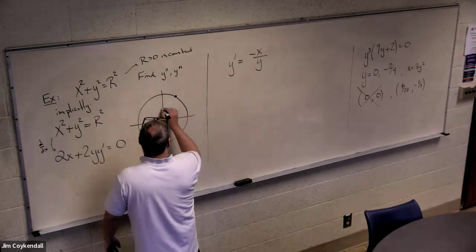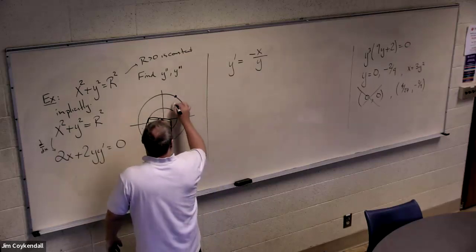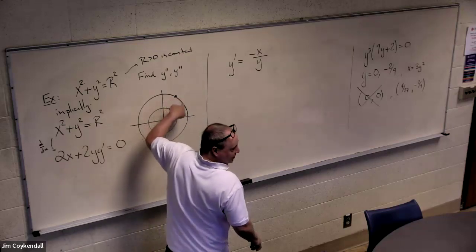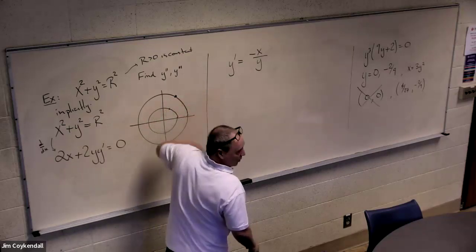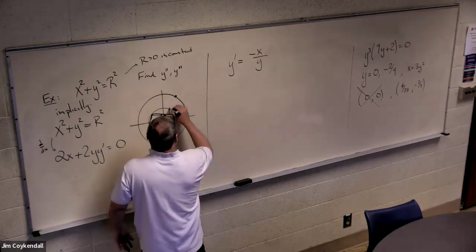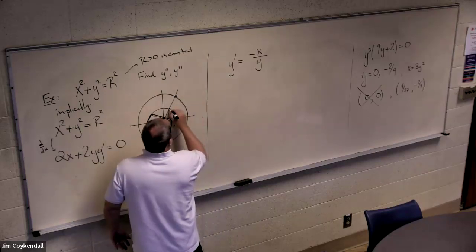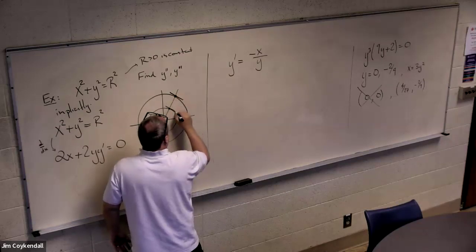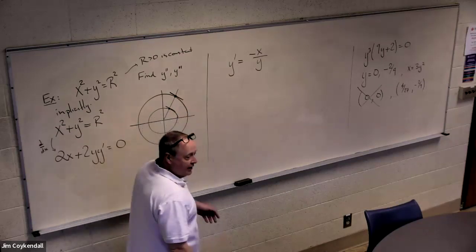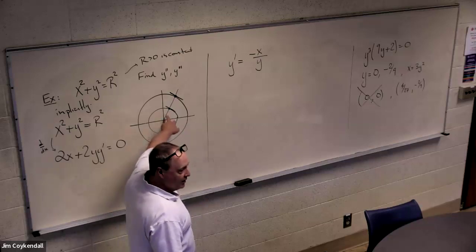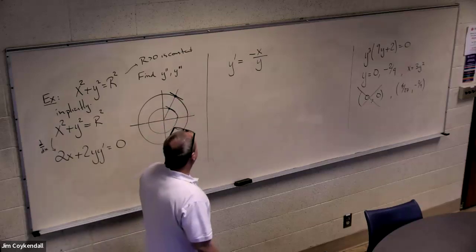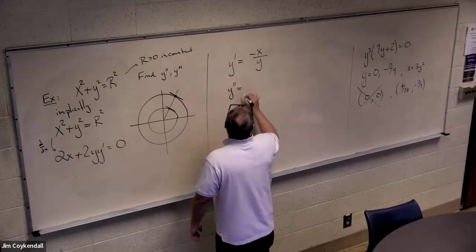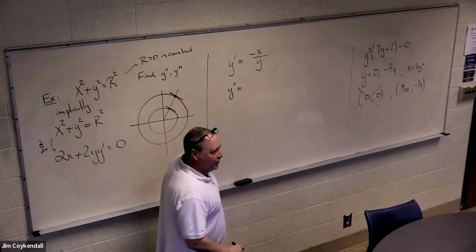And that makes sense, right? Because really the only thing that should matter is the ratio of the x coordinate to the y coordinate. So at this point on the smaller circle and this point on the bigger circle, they should have the same slope of the tangent line. It didn't depend on the radius. How do I get the second derivative?